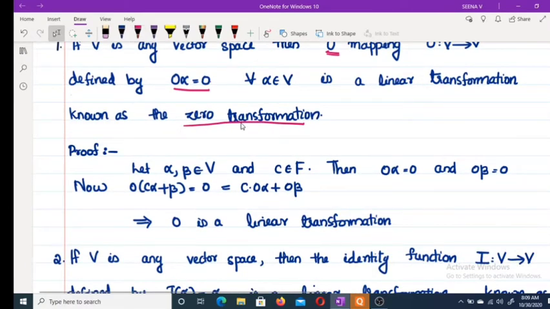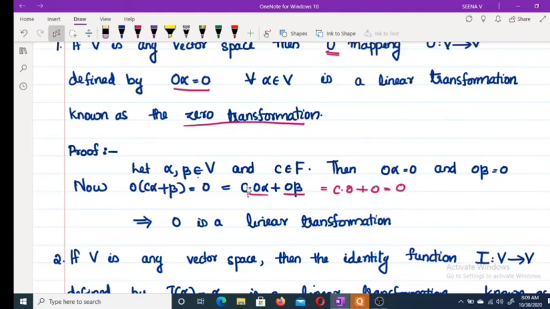Let alpha, beta belong to V and c belong to F. Then what is 0 of alpha? 0 of alpha equals 0 and 0 of beta is also equal to 0. Now, as c alpha plus beta also belongs to V, 0 of (c alpha plus beta) is equal to 0, which you can write as c into 0 alpha plus 0 beta, which is equal to c into 0 plus 0, which is equal to 0.